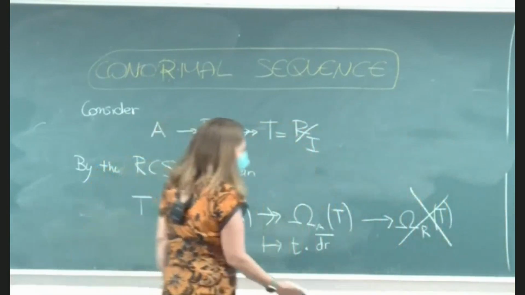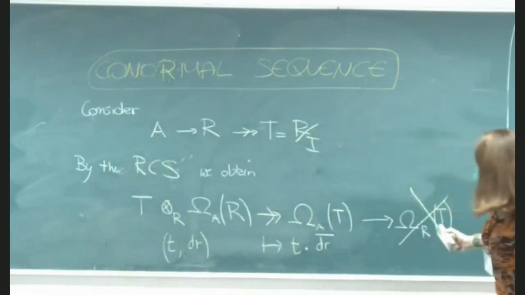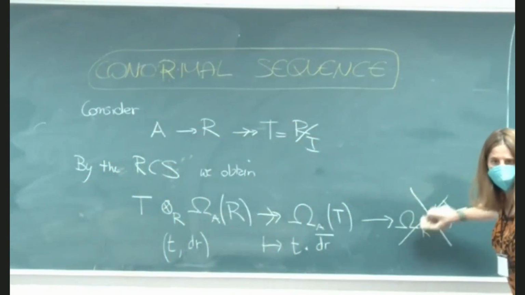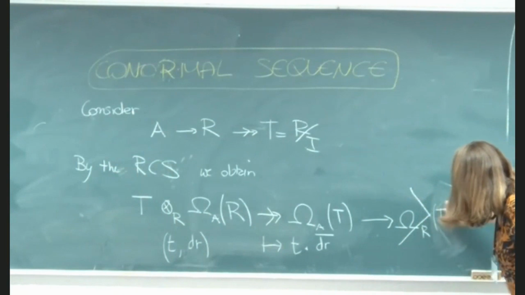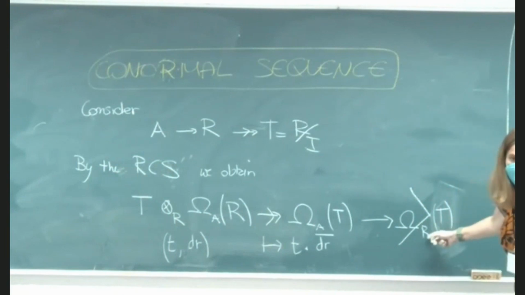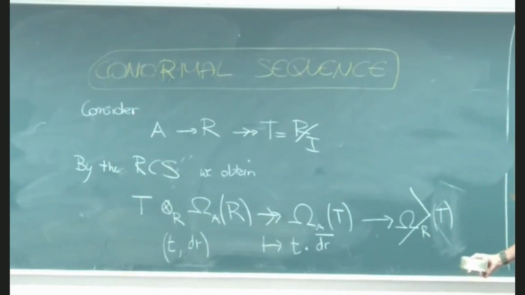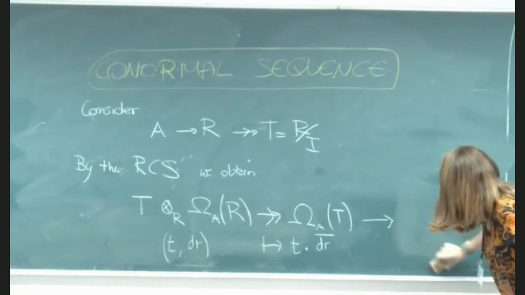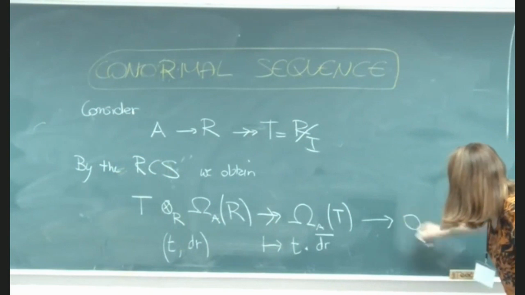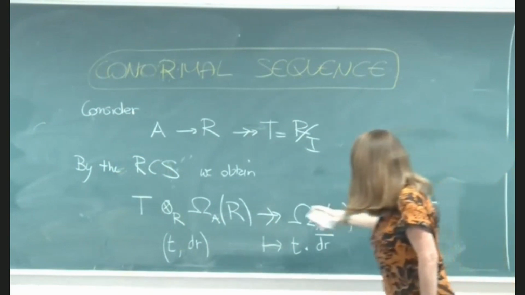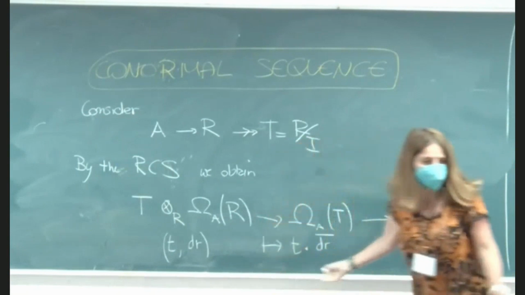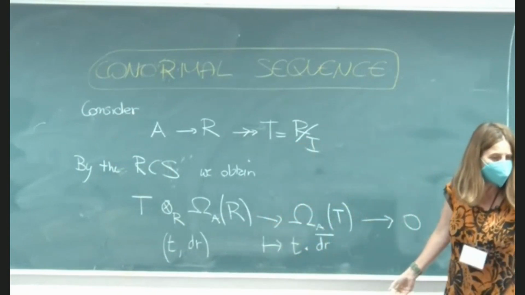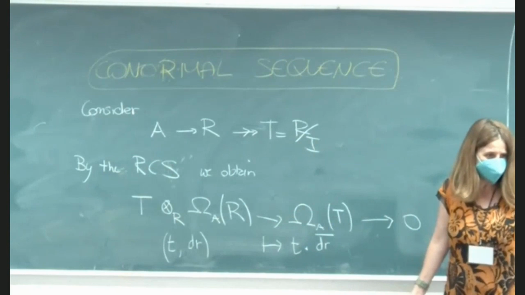Okay, so I can erase this, please? Not yet. This was omega R of T. And it's fixed because the elements of T are R mod I, so obviously you get 0 here. I don't have to put this R anymore. And now you could ask, what's the kernel? Like before, somebody asked, what's the kernel?